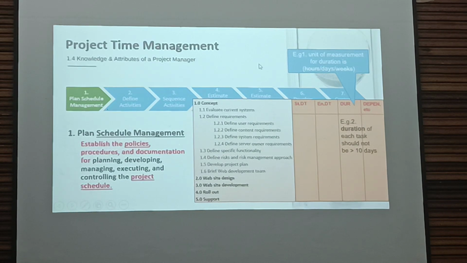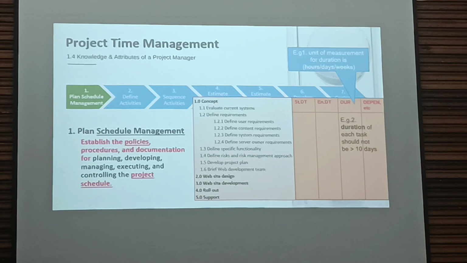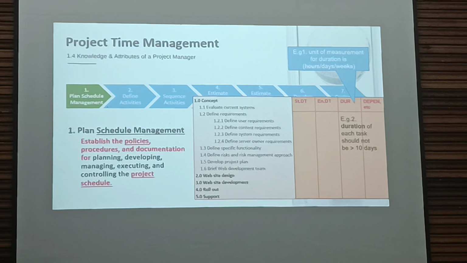Another policy is that the duration for each task should not be more than 10 days. This is another example of policy. When you are doing the schedule, the unit of measurement is days, and one task is a maximum of 10 days.